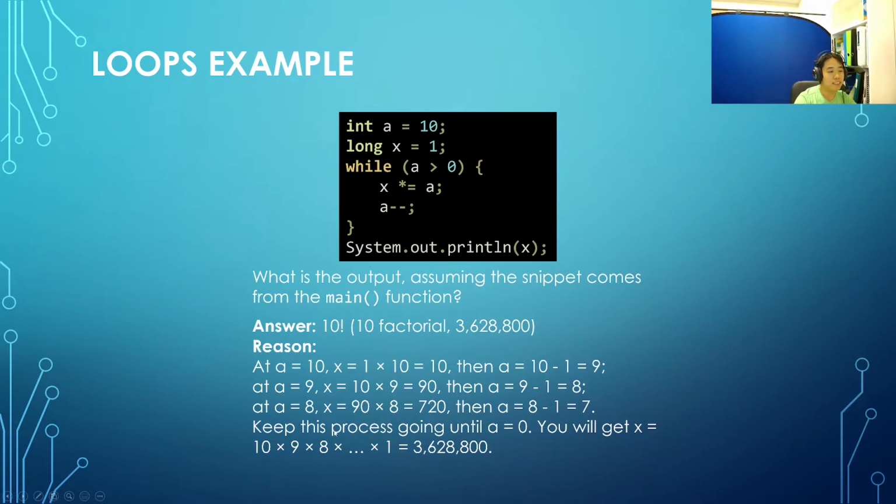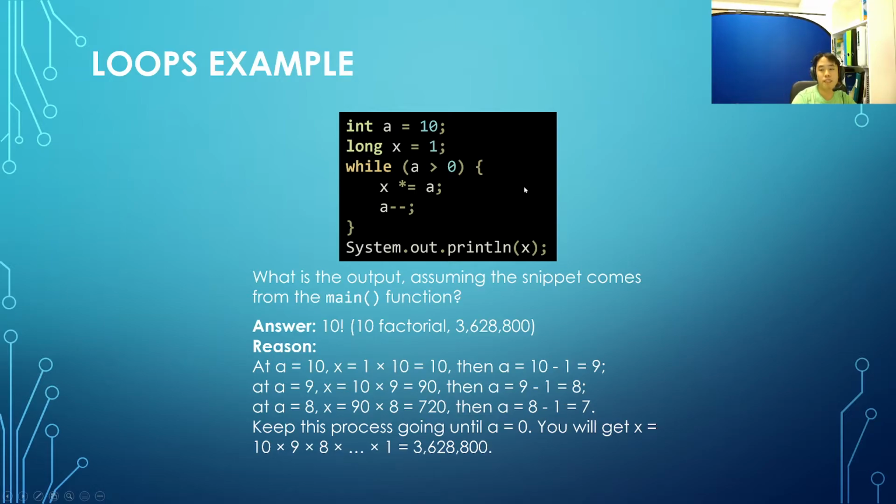The reason is, maybe you could draw a table or something. But how I would say it is, at a equals 10, that's when the loop starts. We're going to multiply x by 10, so x will become 10 because we start x with 1. Then a is going to decrease by 1. We repeat the same process for a equals 9, then 8, then 7, all the way down to when a is 0, which is when the condition is false.